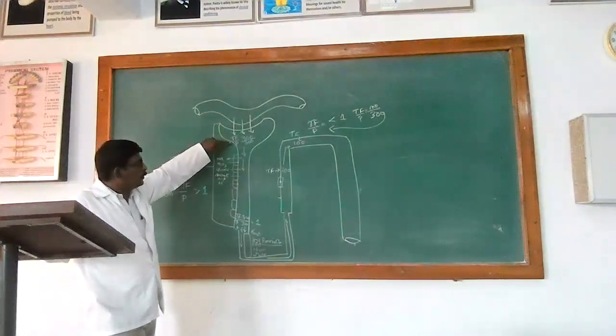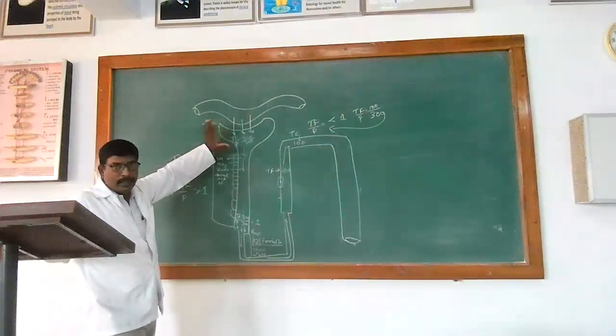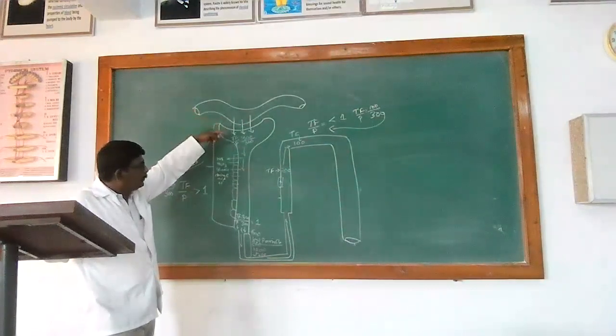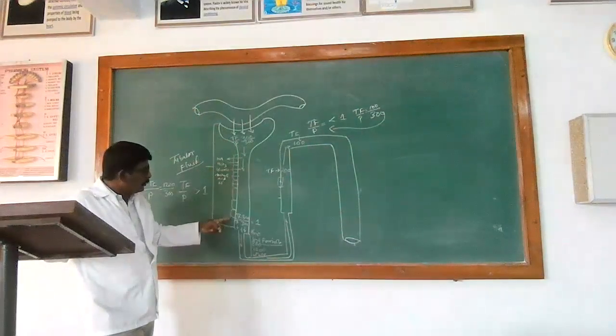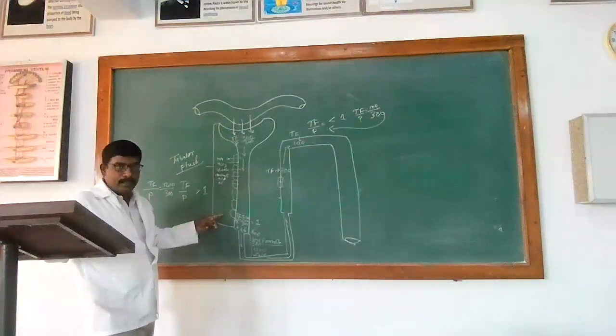And what is the osmolarity of plasma? Suppose the osmolarity of the plasma is 300. But when this fluid comes down, in the proximal tubule there are some specialized cells.